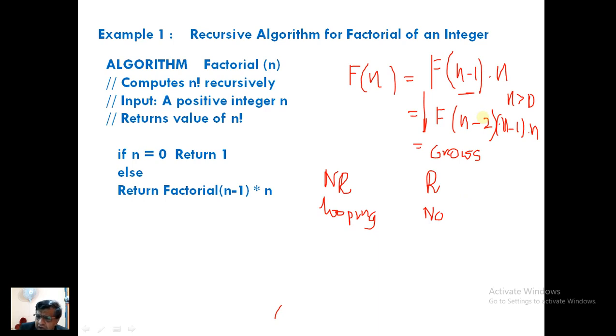It is as if the function is calling itself at a reduced input point, with a lower bound. You go on reducing the input value, and when n becomes equal to 0, you find the solution, f of 0 equals 1. So that's how it goes. There is no looping construct.